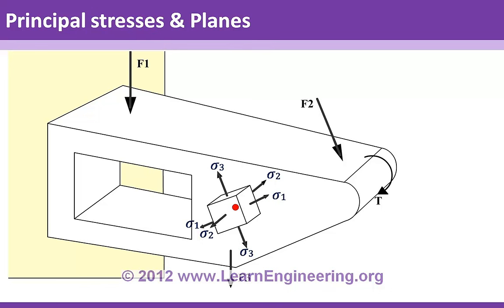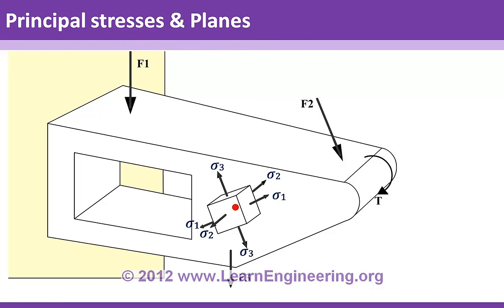And similarly, there will be 3 planes also, like this is plane number 1, plane number 2 and plane number 3. If you want to know the maximum normal stress value at this point, just compare sigma 1, sigma 2, sigma 3, and the maximum of those will be the maximum normal stress at that point. And the minimum of these 3 values will be the minimum normal stress at that point. One thing to remember: on all these 3 principal planes, shear stress values will be 0.